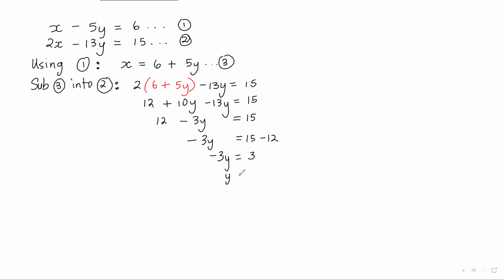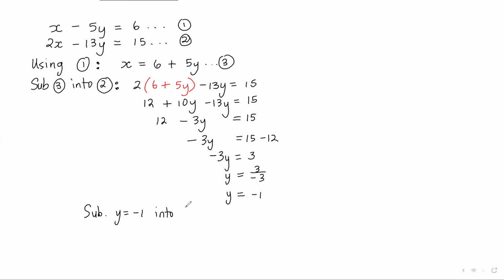So y is equal to 3 divided by negative 3. And that would be y is equal to negative 1, because a positive divided by a negative gives you a negative. Now that I have what y is equal to, I can substitute that. So substitute y is equal to negative 1 into any one of the equations.